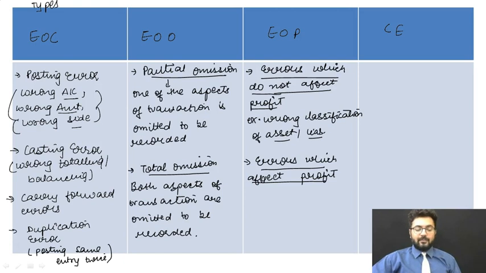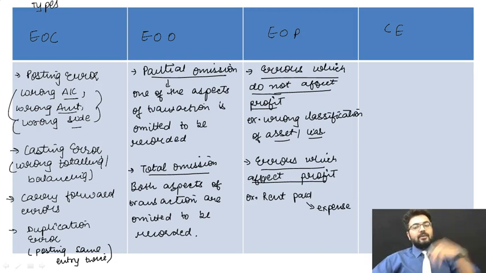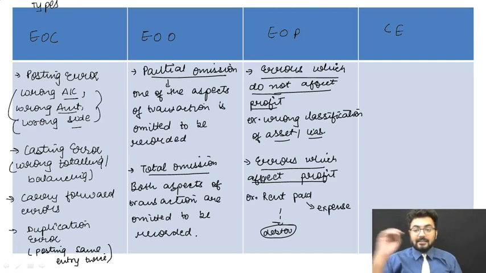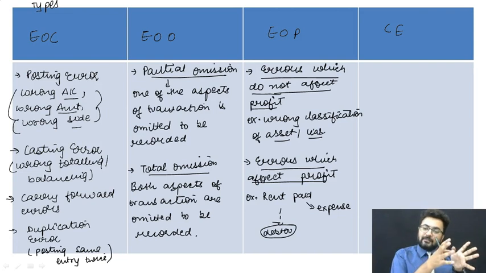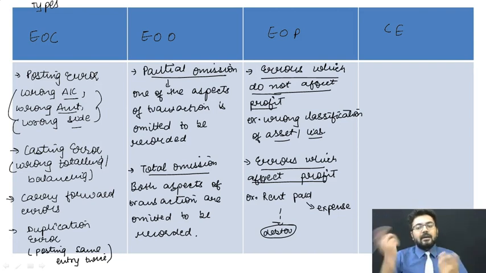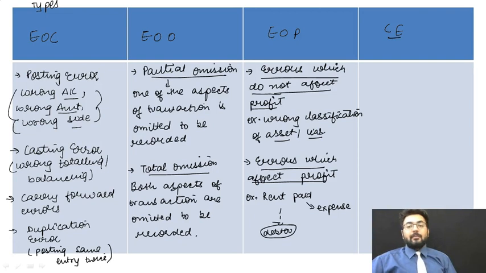For example, there was a rent which has been paid. Rent paid is your expense, and you treat it as if somebody has paid rent to you. You have treated this as your debtor. So this is definitely going to have an impact on your profit. This was my expense, although I considered this as my earning, so this is definitely going to affect my profit.